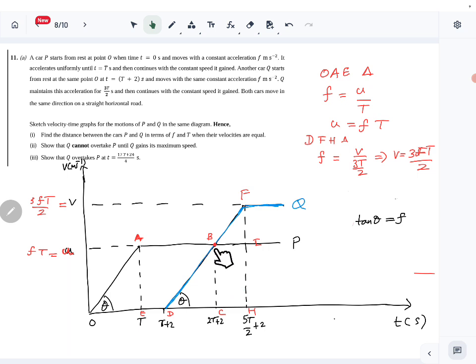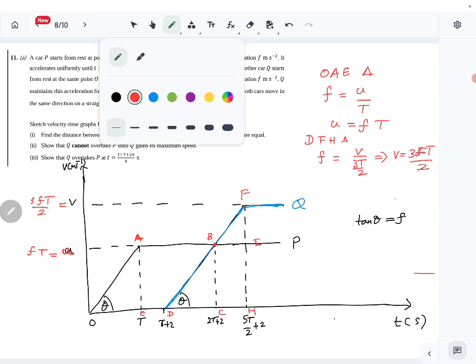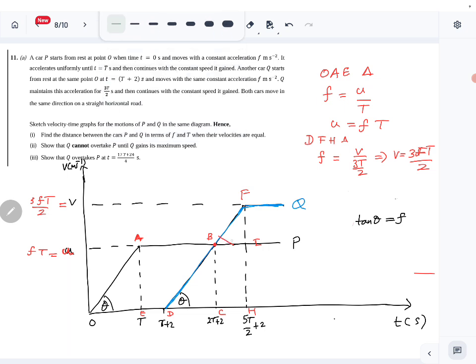when the speeds match. After the speeds match, BCIH is the distance traveled by P, and that distance is also traveled by Q, and additionally this part is gone by Q. This is the additional distance gone until Q reaches its maximum speed.